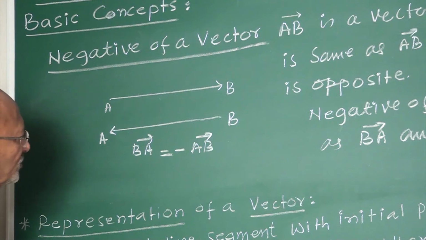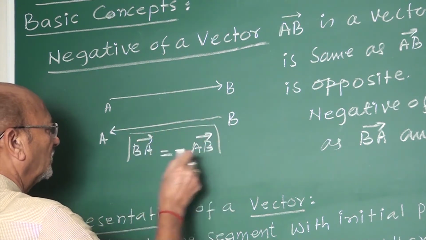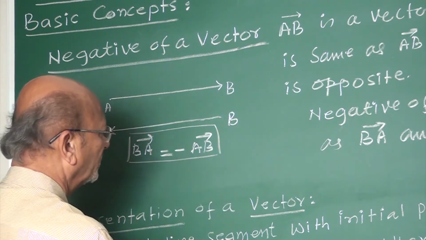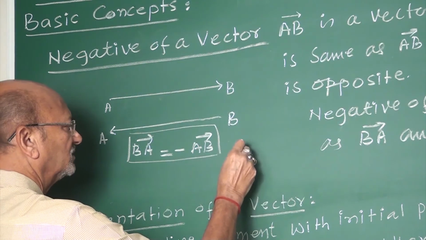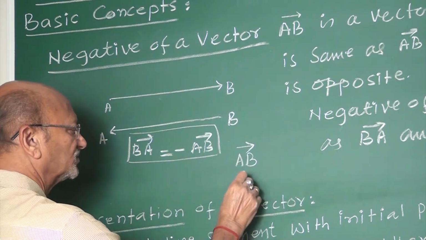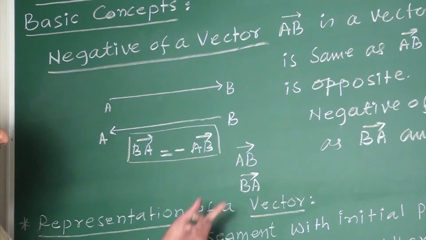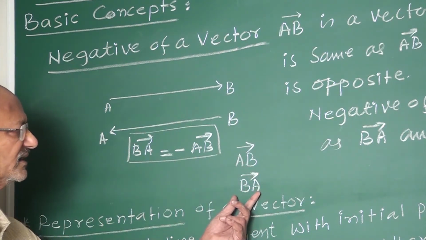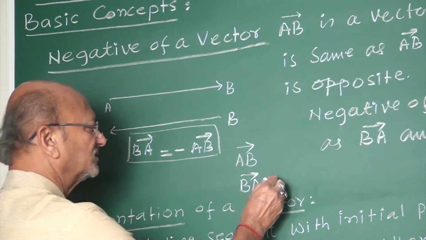Then, my friends, from this, what is clear? This is the vector AB. This is the vector BA. What is done? AB is written BA. Direction is changed. If you change the direction, then the sign changes.